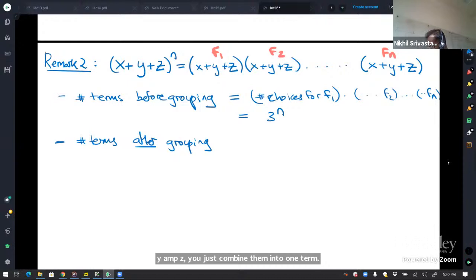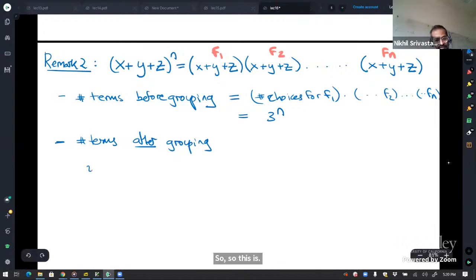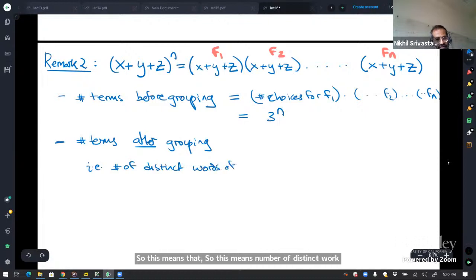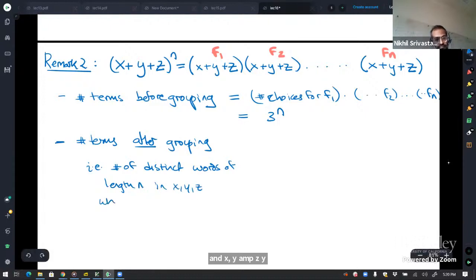So this means the number of distinct words of length n in x, y, and z, where the order doesn't matter.